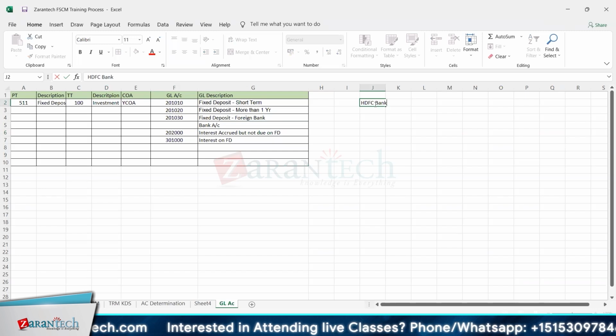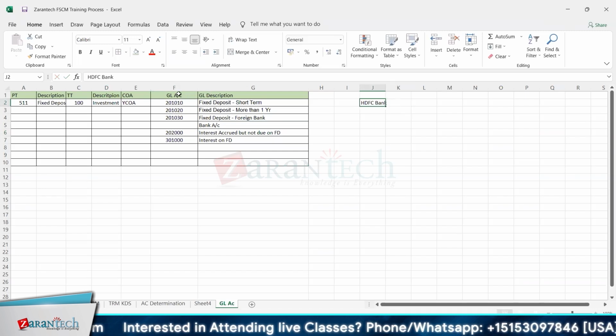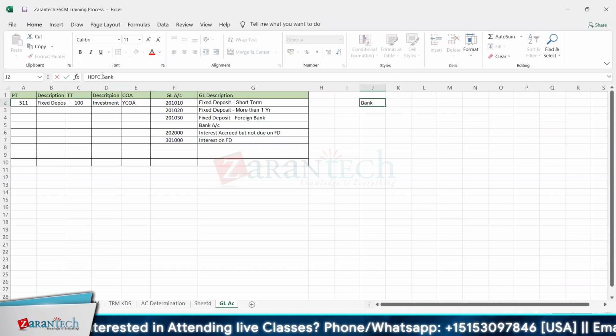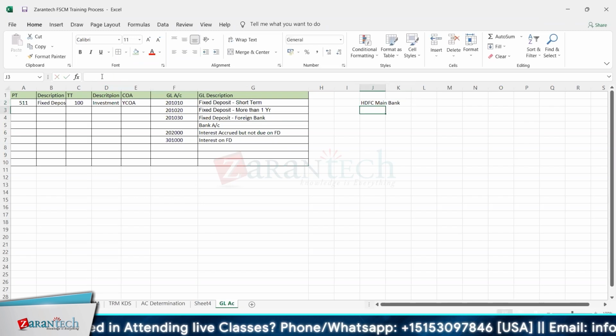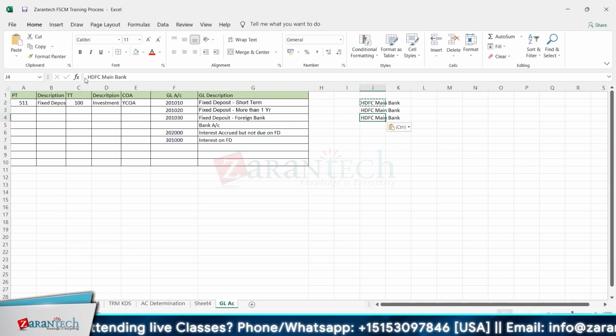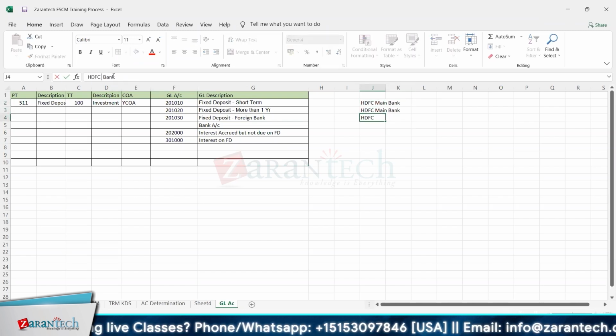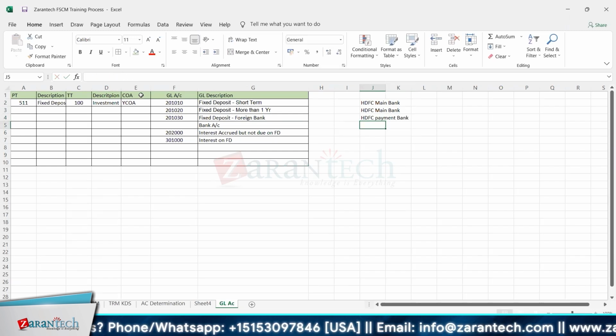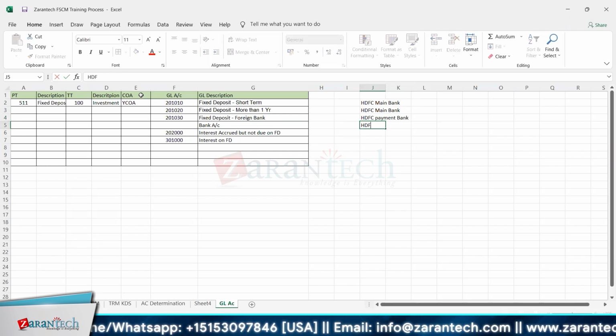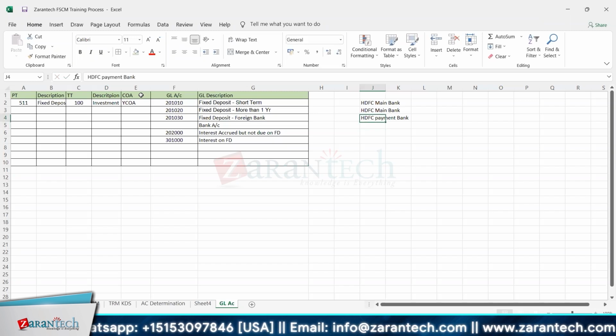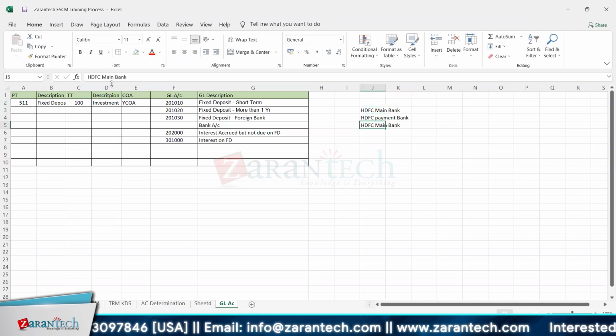So we will have SDFC main bank, right? Then SDFC payment, SDFC receipt.